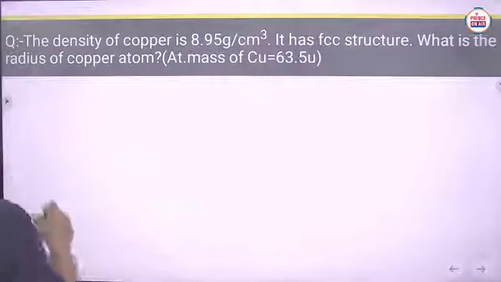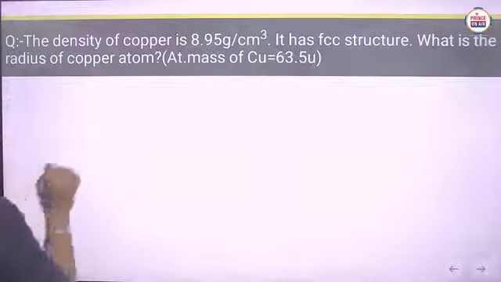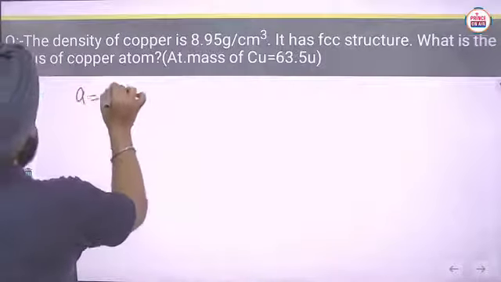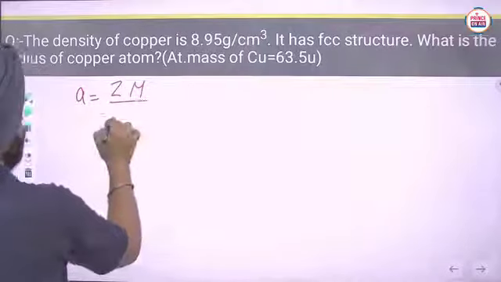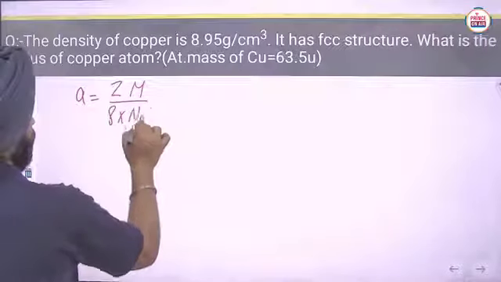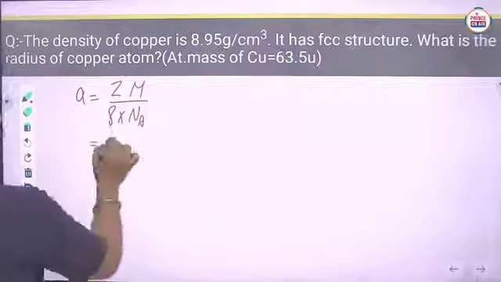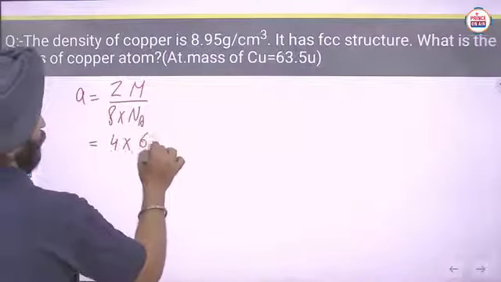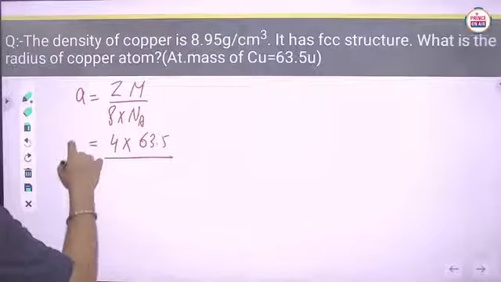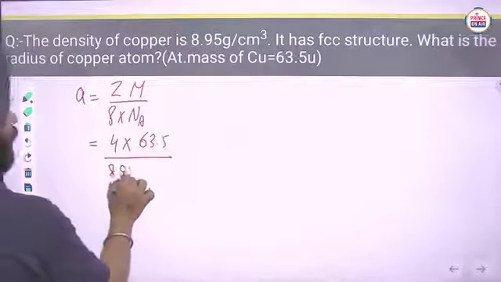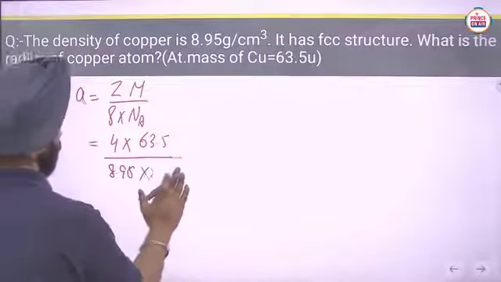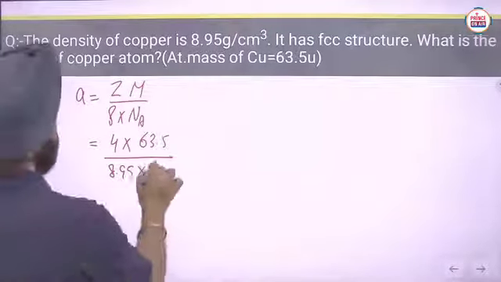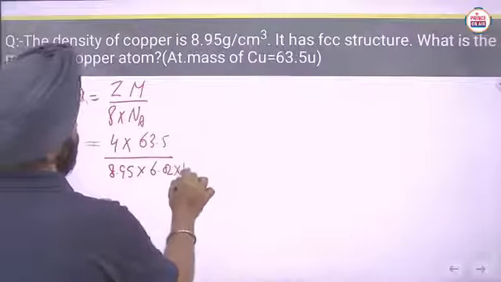See how we can calculate it. I can solve it now. The formula comes out to be A cube is equal to Zm upon rho into Na. Z value is 4, M value is 63.5, rho value is 8.95, into Na 6.02 into 10 raised power 23.